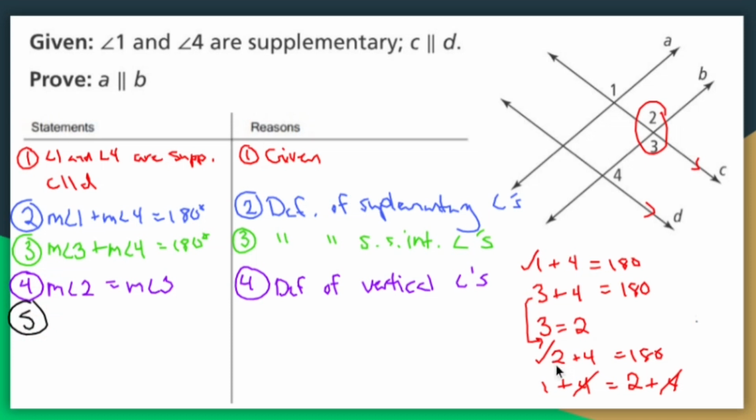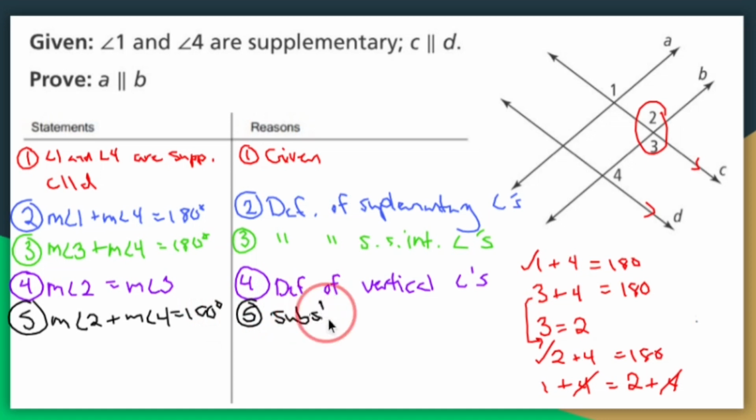Now I know that since 2 and 3 are the same, I can rewrite line 3 and make this the measure of angle 2 plus the measure of angle 4 equals 180. And that was using substitution.